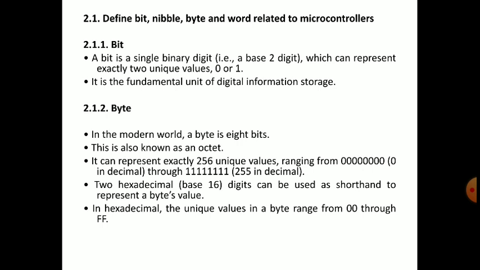So all digital data comprises zeros and ones. That particular 0 or 1 is called a bit, a single digit. We can simply call it a bit, no need to call it a single bit.